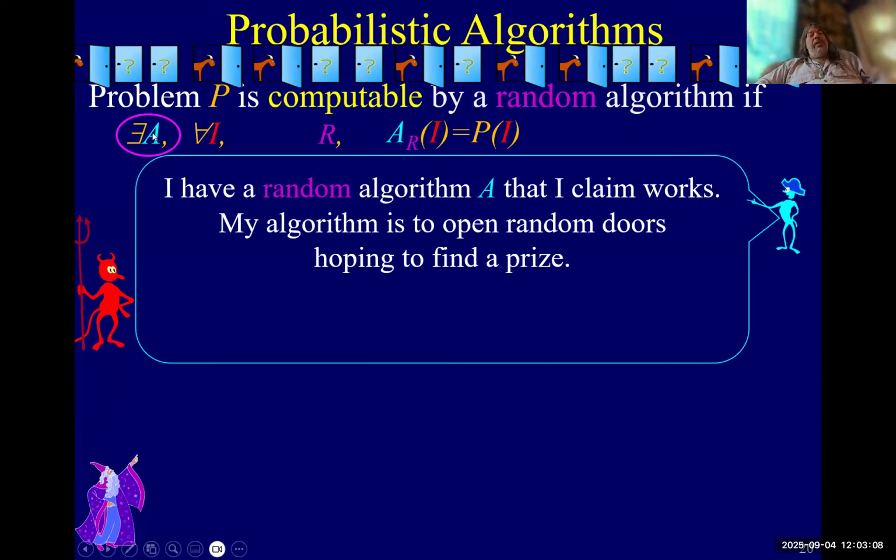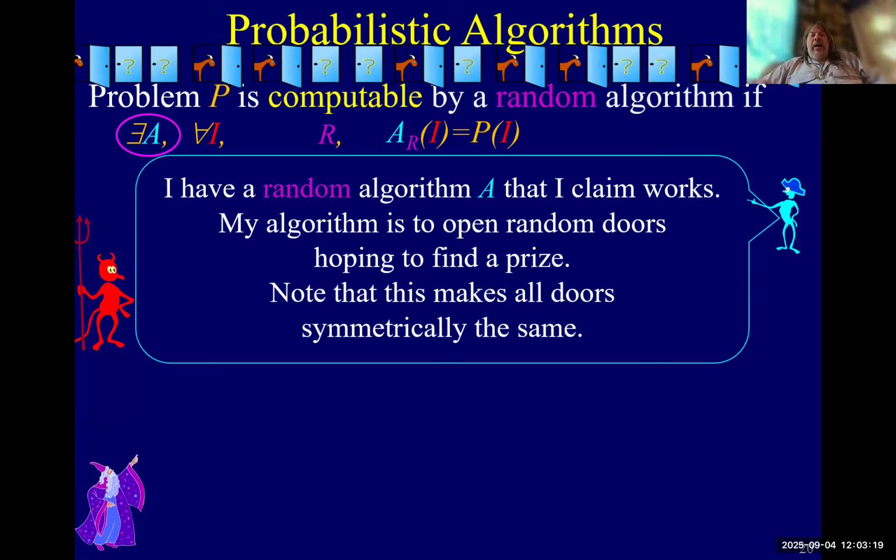My algorithm will be to open the doors in a random order. I choose the first door to open randomly, and then the next door randomly, and the next door randomly. This means my algorithm doesn't give any particular order to the doors. One door is no different than another door.